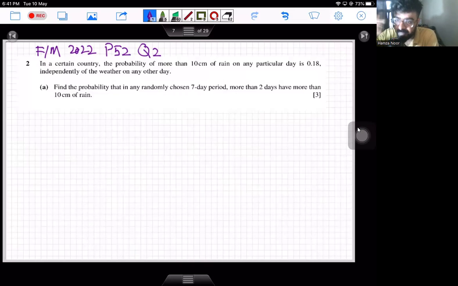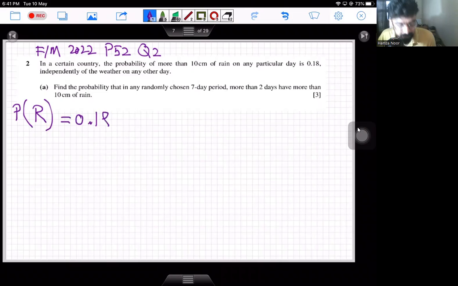So here we have an event, and the event is more than 10 centimeter of rain on any particular day. Let's say that event is known as R, having rain more than 10 centimeter on any day. So the chance of the occurrence of this event R is 0.18.